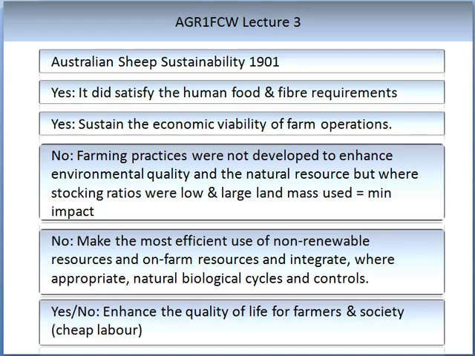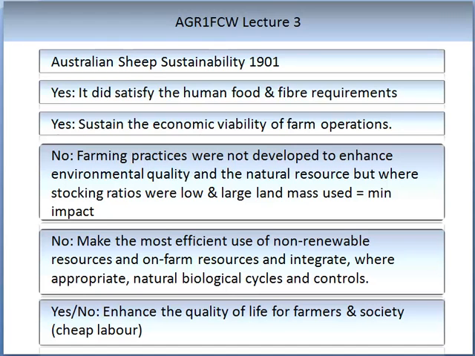And when you look at the enhancement of quality of life for farmers and society, again the answer is both yes and no. Certainly the quality of life for some farmers where they were successful was enhanced, and certainly society as a whole was enhanced with the ability to feed the population, to export and add wealth to the country, and to make clothing. All of these very beneficial.